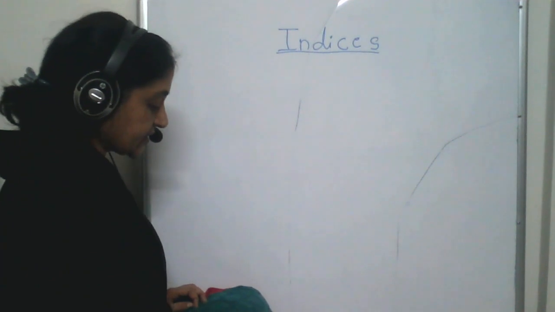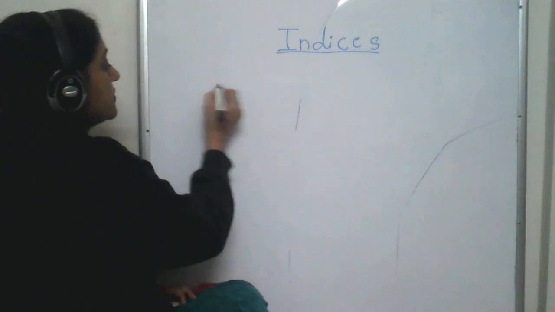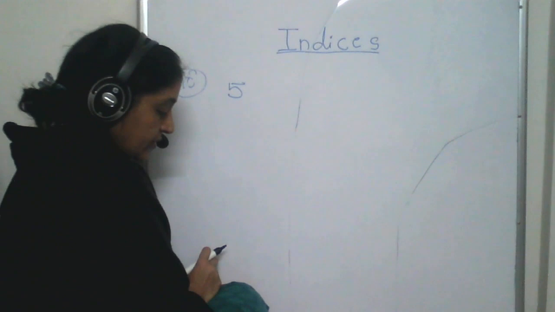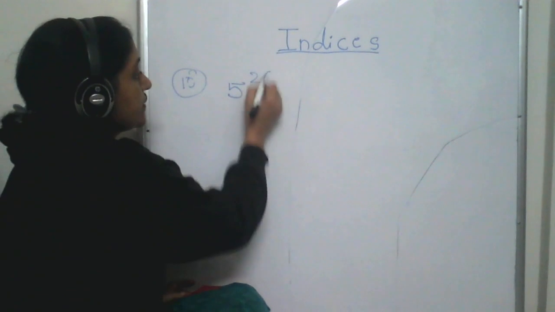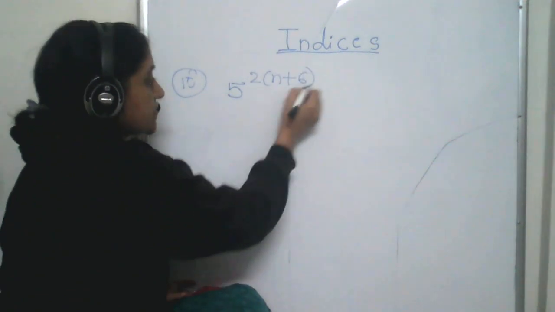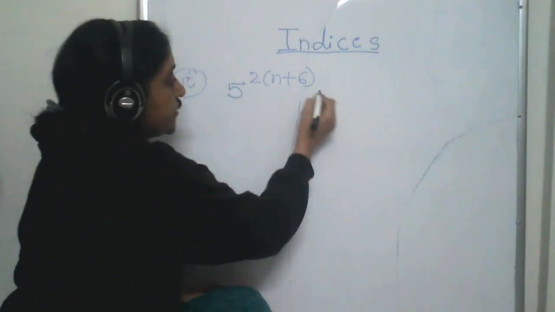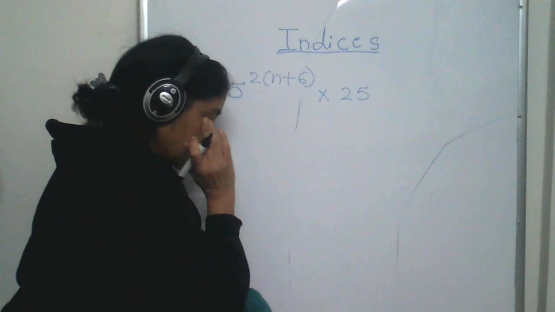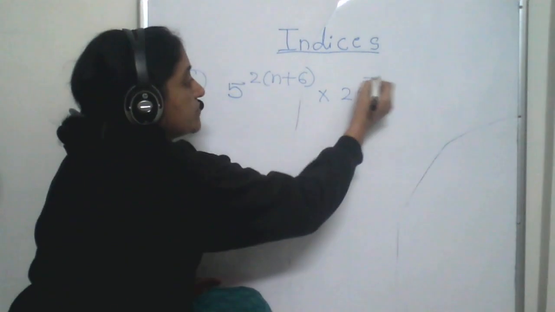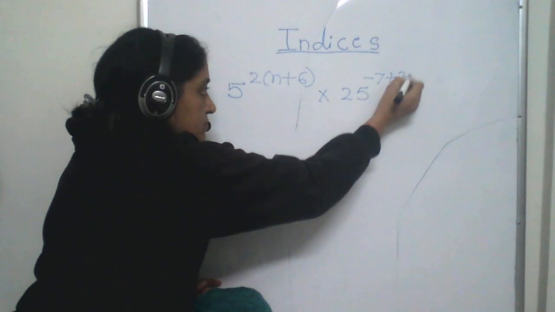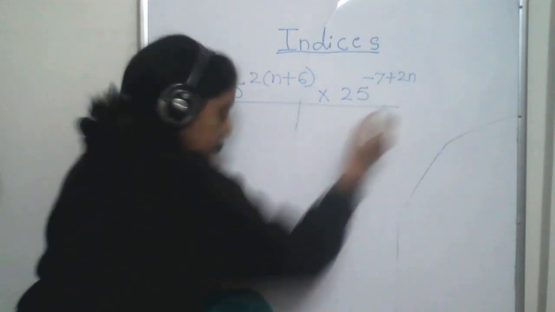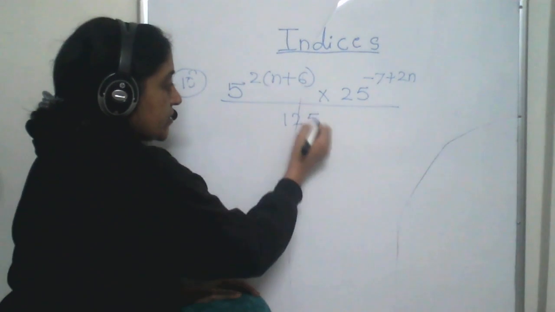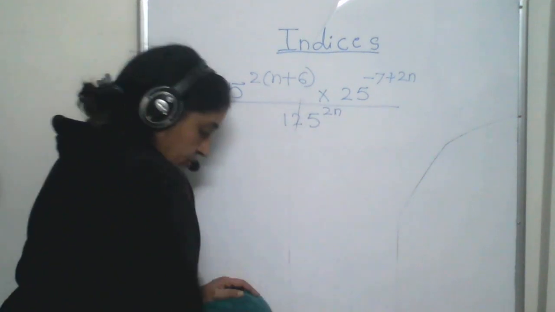The question says that 5 to the power 2 into bracket n plus 6, into 25 to the power minus 7 plus 2n, whole divided by 125 to the power 2n.